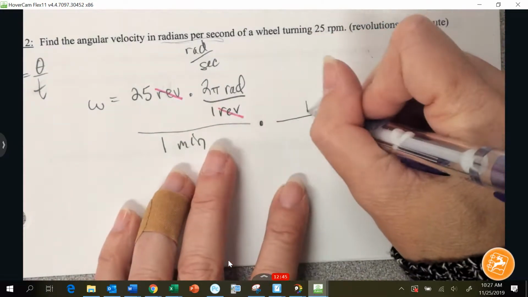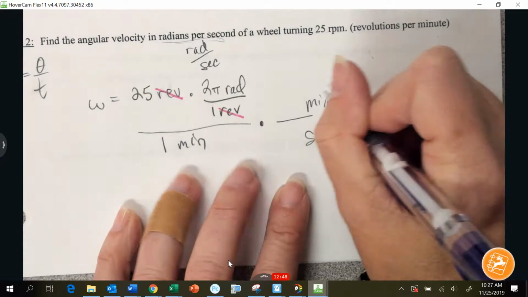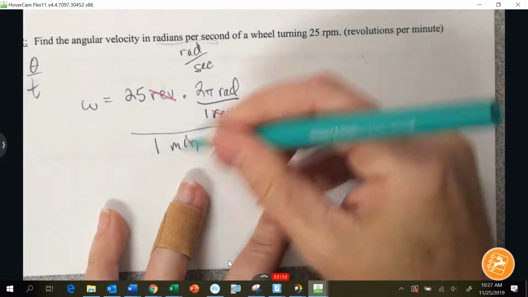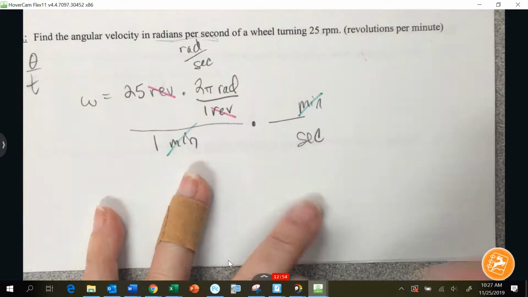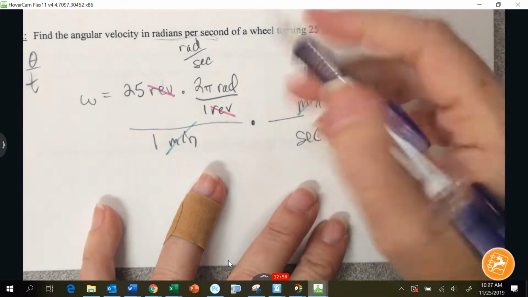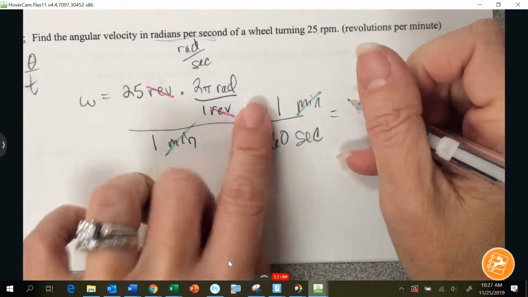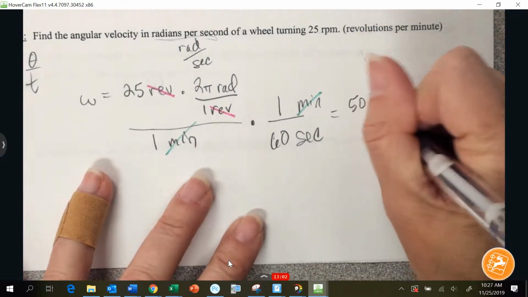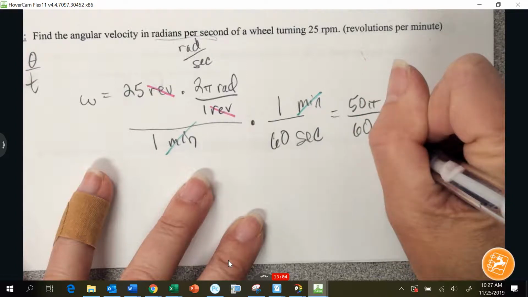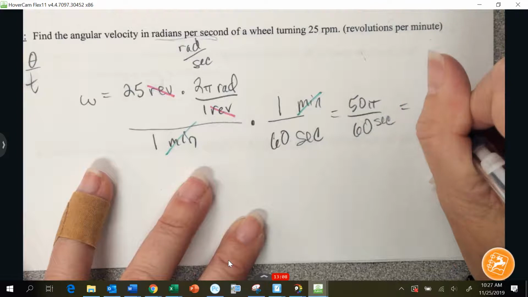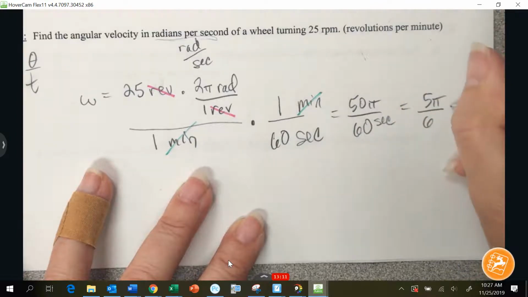I need to have minutes on top and seconds on the bottom so that the minutes will cancel. So how many minutes and how many seconds? 1 and 60. So multiply straight across. Looks like I get 50 pi over 60 seconds, which reduces to 5 pi over 6.